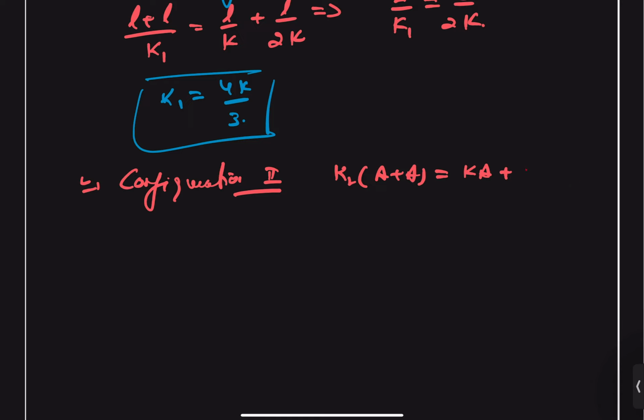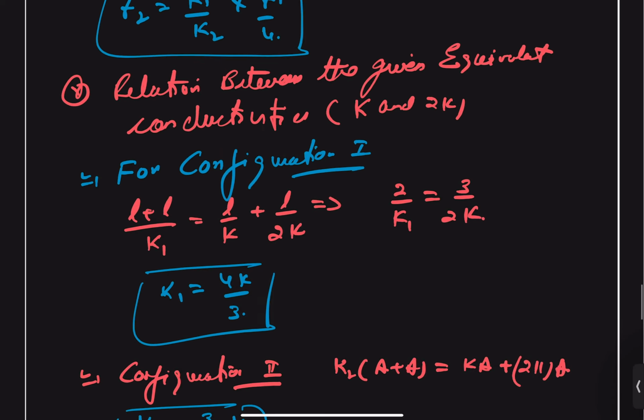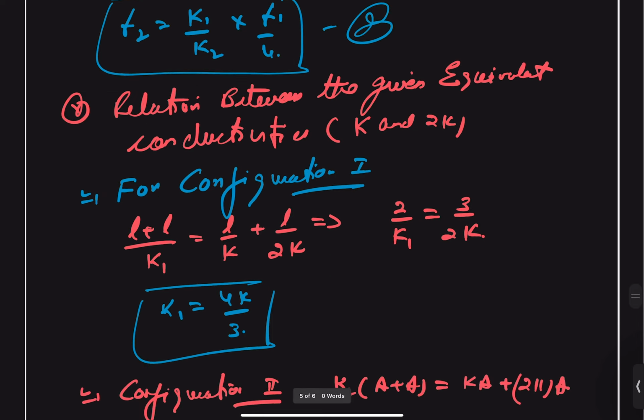This will be 2K multiplied by A. So this gives us that K2 will be equal to 3K by 2. Let us call this equation 2.